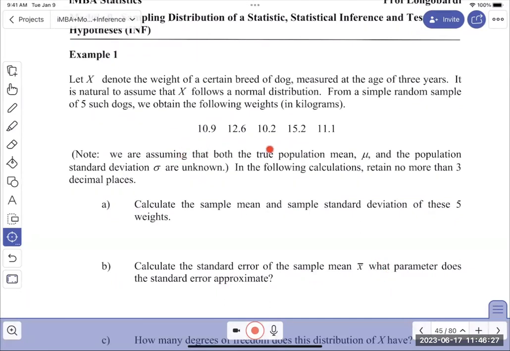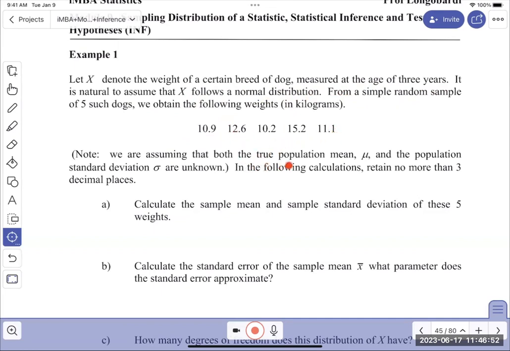So page 41, this is the data, and it represents the weight of dogs of a certain breed. They're 3-year-old dogs, and we're going to assume X follows a normal distribution. So here is our sample.